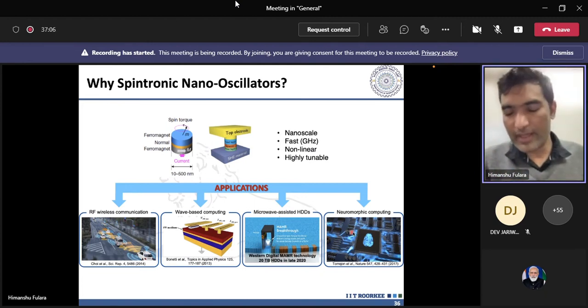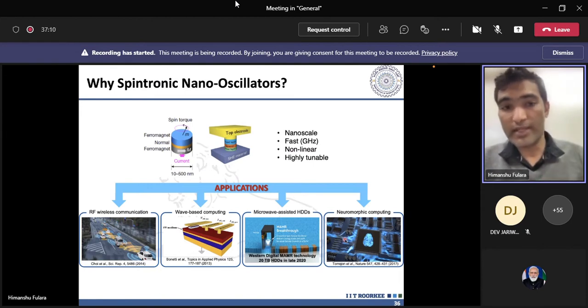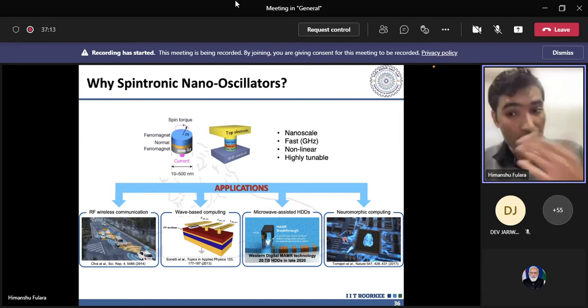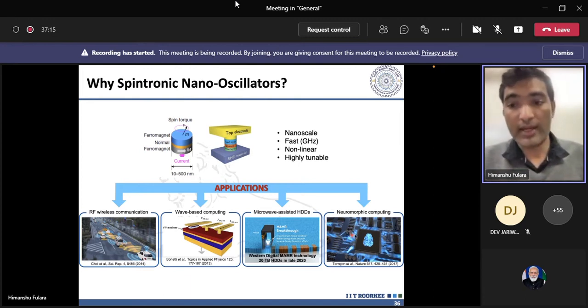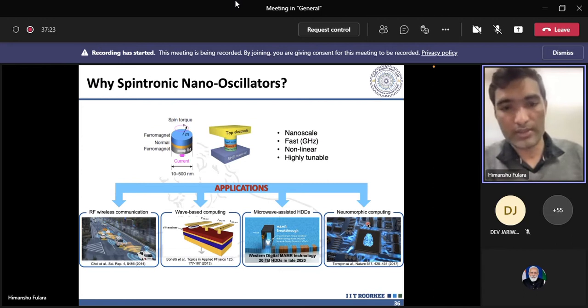And another emerging area where these oscillators are efficiently used is neuromorphic computing. So in neuromorphic computing, what you do is you try to use these oscillators in order to mimic the neurons of your brain. Because the properties of the oscillators are quite similar to your neuron, because your neuron also operates at certain frequencies, but that frequency is very small.